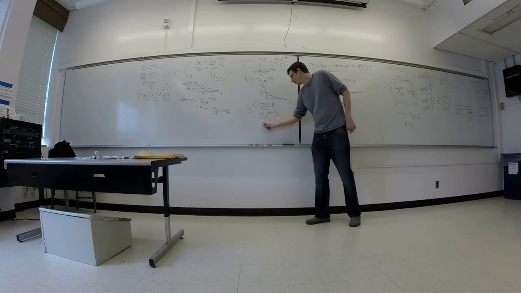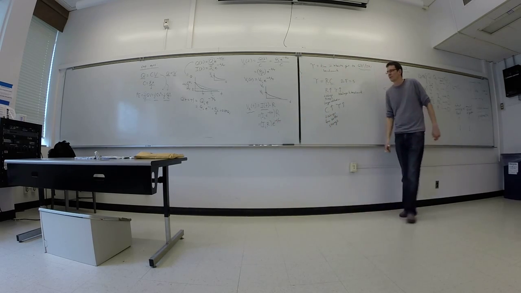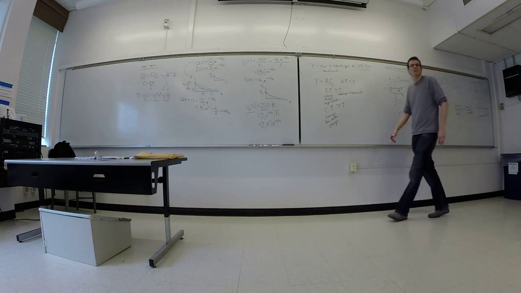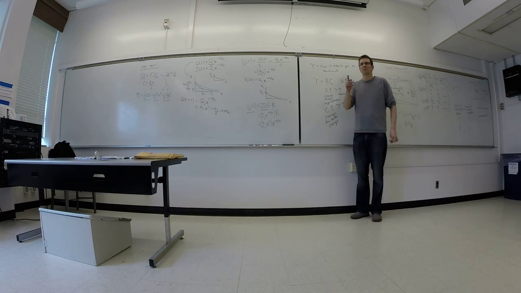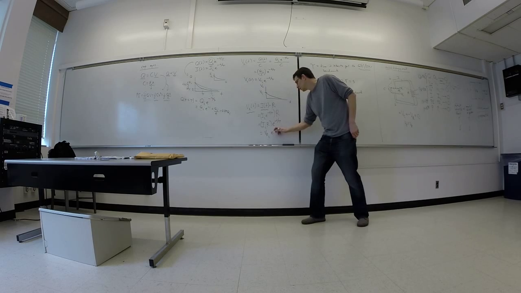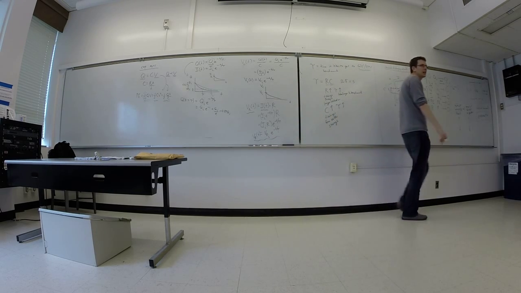Again, I might group it so it looks like this. Put all the constants together. And then what is that quantity in parentheses? What is it? Voltage across the resistor at what time? Initial. VR initial. So my voltage across the resistor function looks like that.